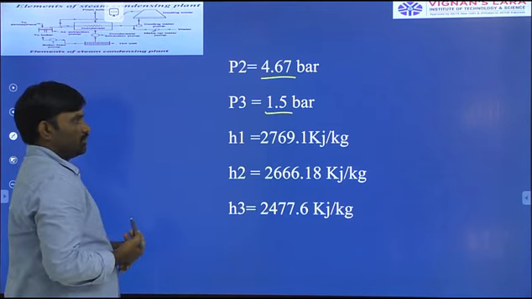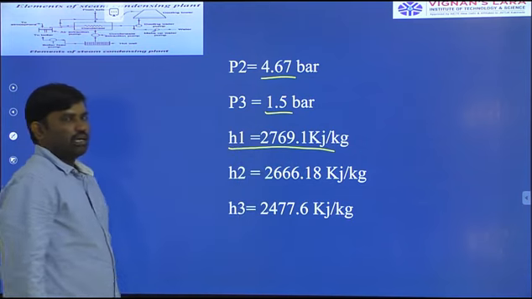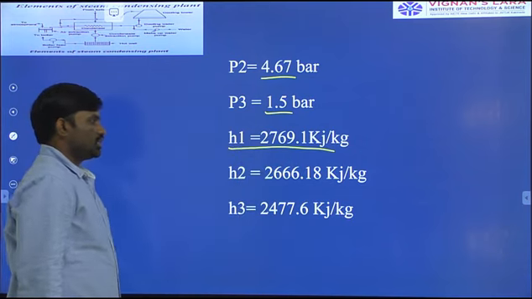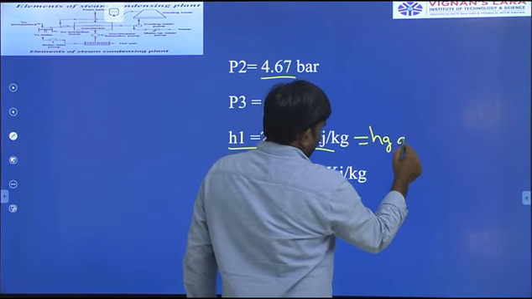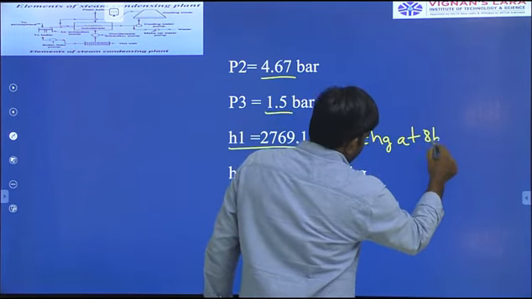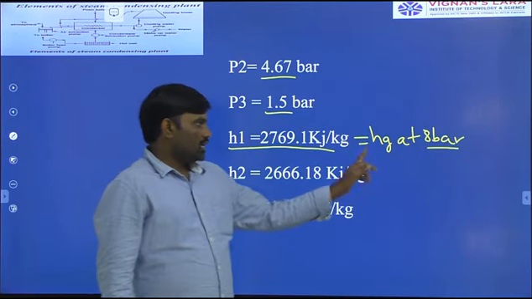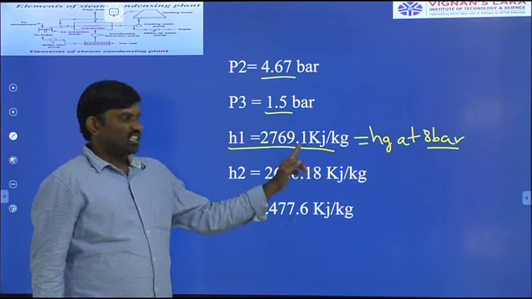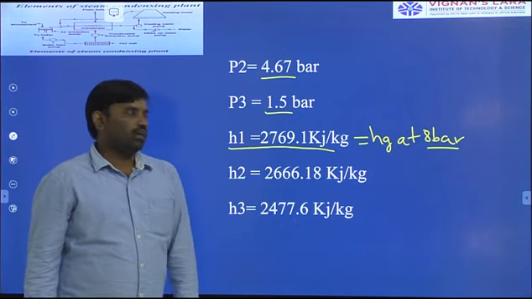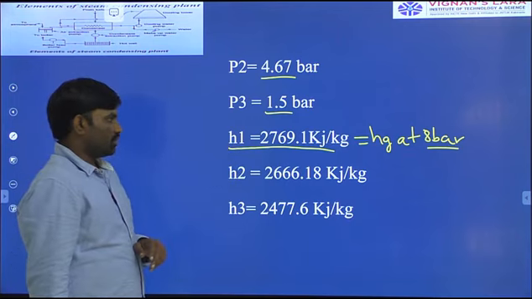From the steam table book, H1 is equal to 2769.1 kilojoule per kilogram. This H1 is the Hg value at the given pressure of 8 bar, which you can take directly from the steam table book.